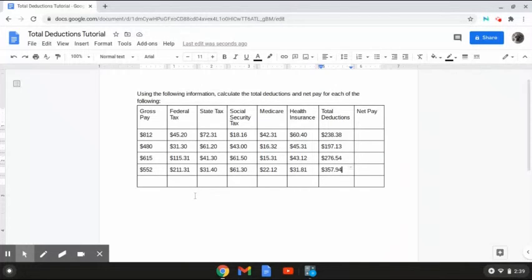So I'm going to be doing one more with you guys. Alrighty, so in this last problem, we are given the following numbers: 630, 1121, 3340, 6480, 3312, and 4440. And the way that we're going to be calculating the total deductions is like we've been doing before. We're going to be taking federal tax and adding it through health insurance.